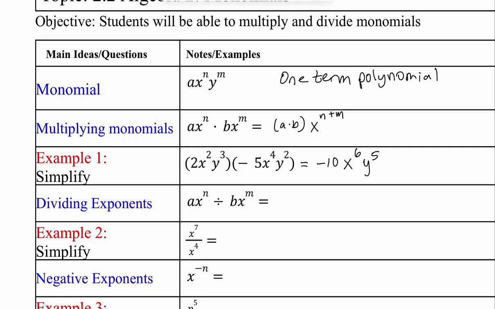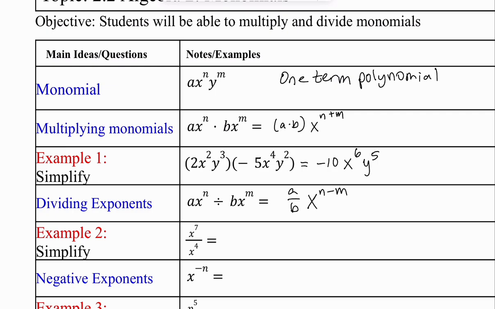Now, division uses the opposite rule. We can divide those front numbers and just make them like a fraction. So a divided by b would be a over b. Now for the x's, we are going to subtract the exponents.